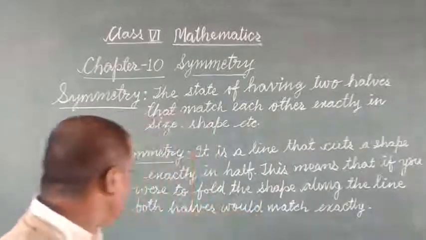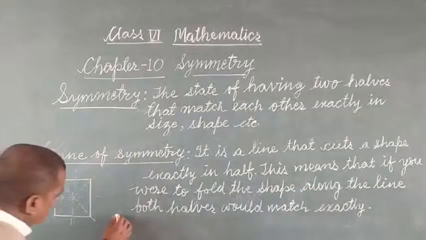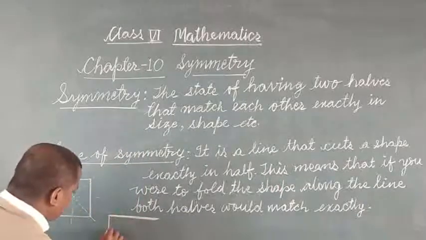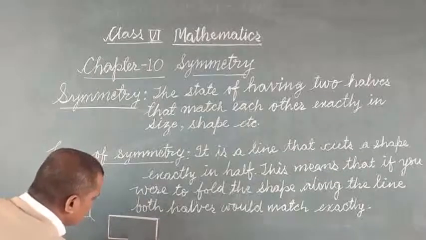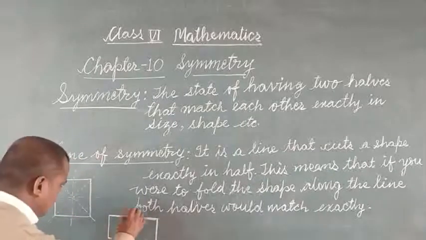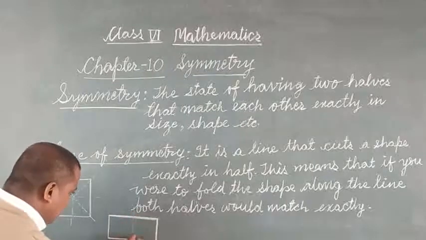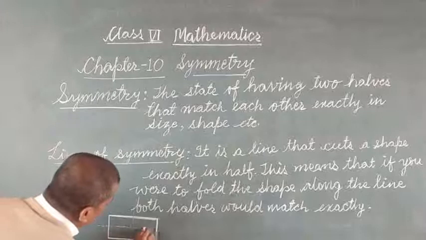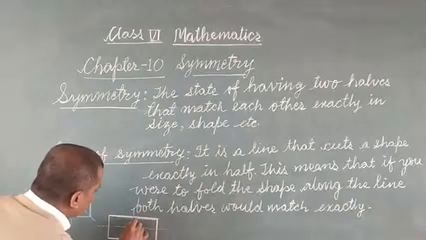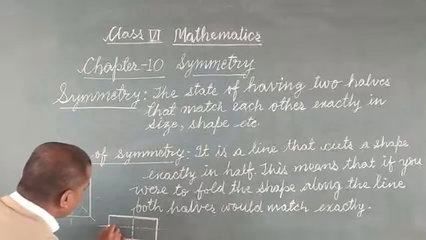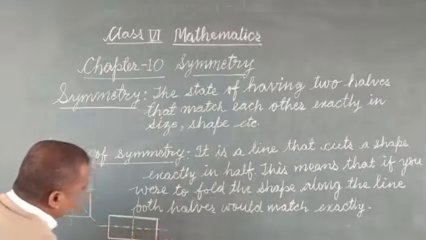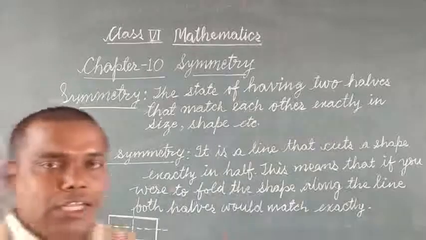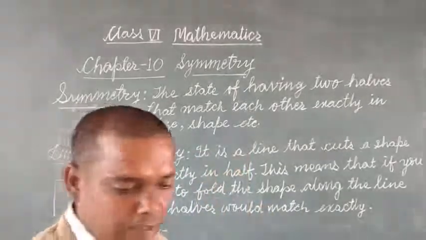Look at the picture here, I am drawing. Suppose it is a rectangle, so we will get a line of symmetry exactly here, one, and here, one. So in the case of a rectangle, we will have only 2 lines of symmetry.